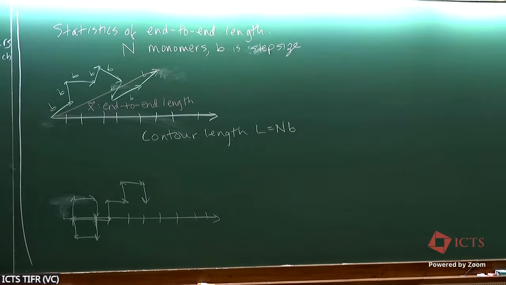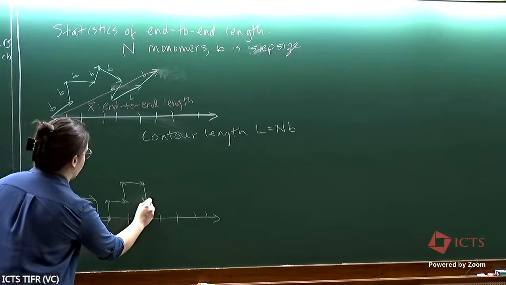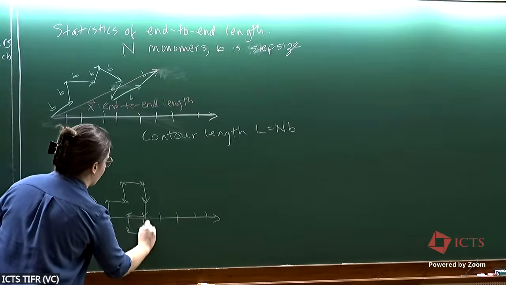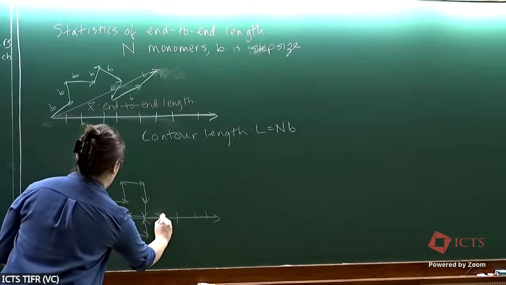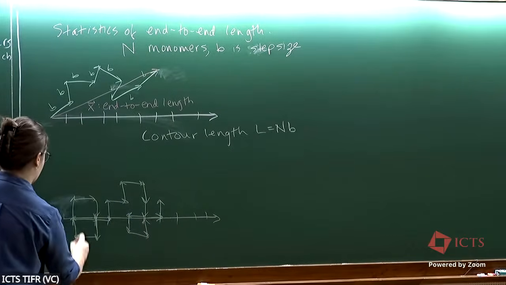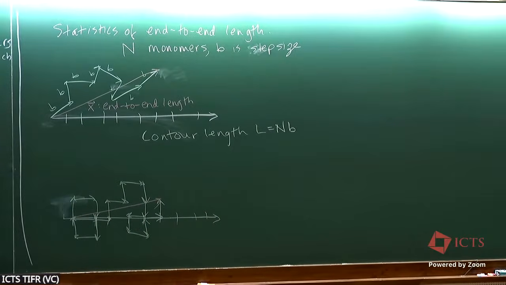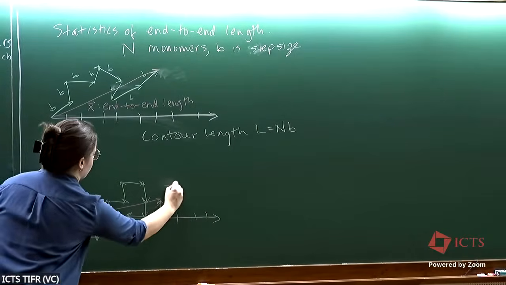We'll talk a little bit about the effects later, but for a first step, we are going to say that overlapping is completely fine, and we will not worry about it. Okay, so now that's quite a long polymer. Let me draw its end-to-end length here. Again, this will be my X.